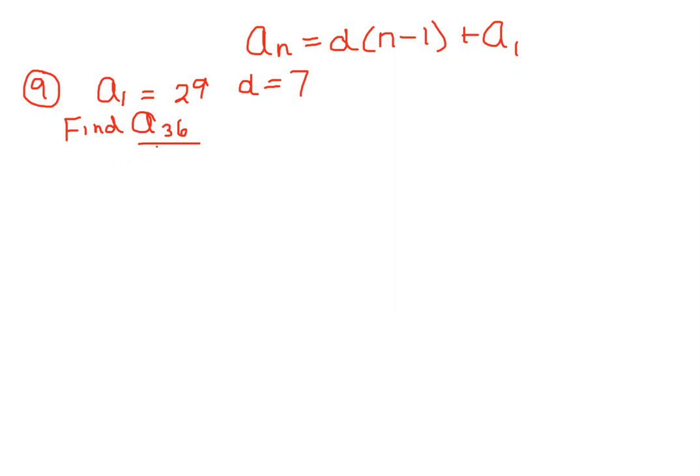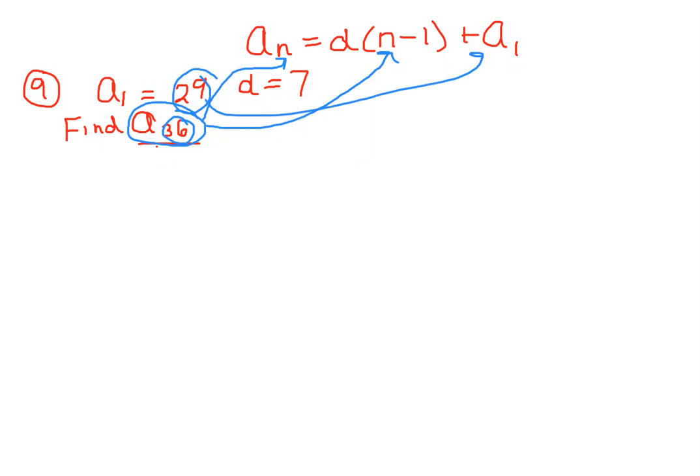Because we're not looking for the rule, we're only looking for A36, we can just go right ahead and substitute 36 in for N, because that's what we're looking for, and then 29 in for A1, and 7 in for D. So we can say A36 equals 7 times 36 minus 1, so that's what's going in for N, plus 29.